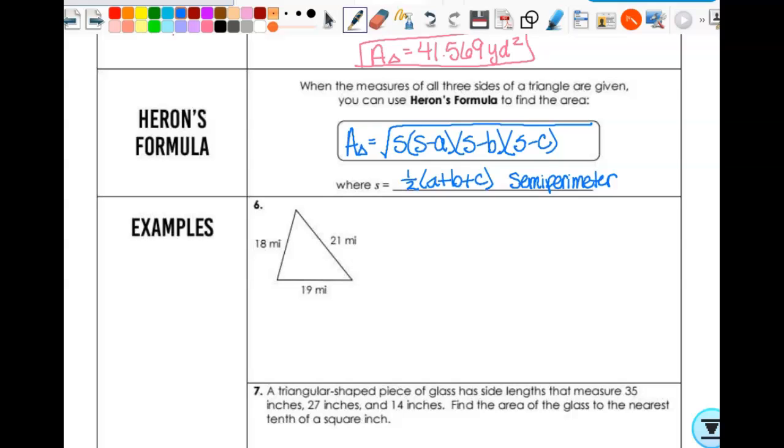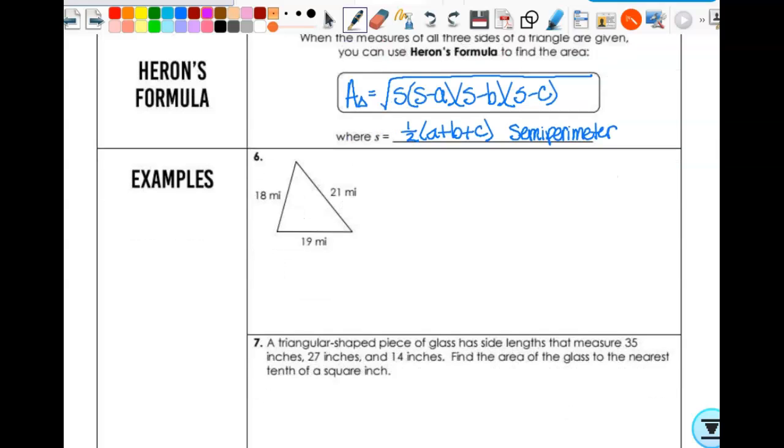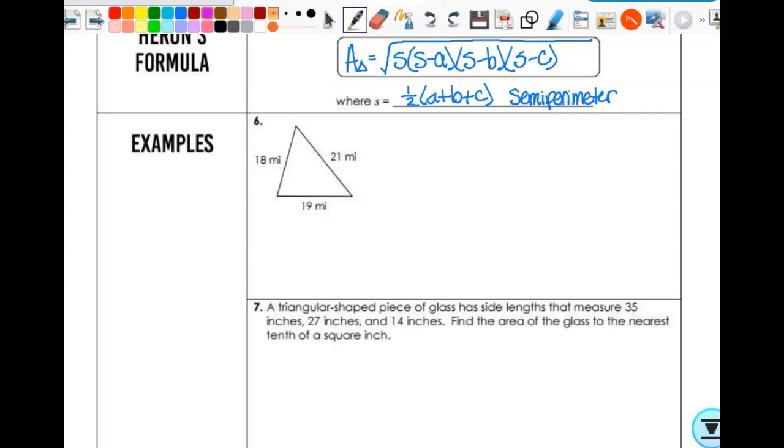Okay, so let's see how this works here. We've got the sides here, and I need S in order to find this. So S is equal to 1/2 times 18 plus 19 plus 21, and that gives me 29.